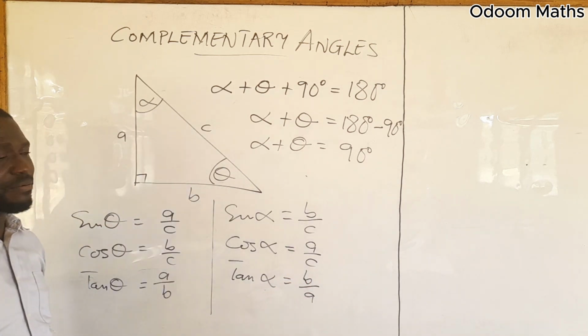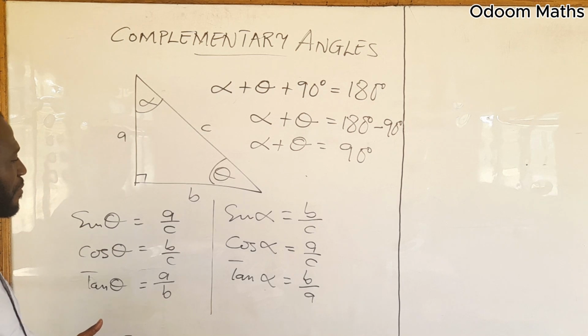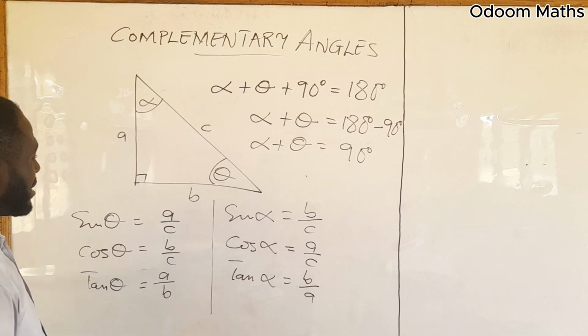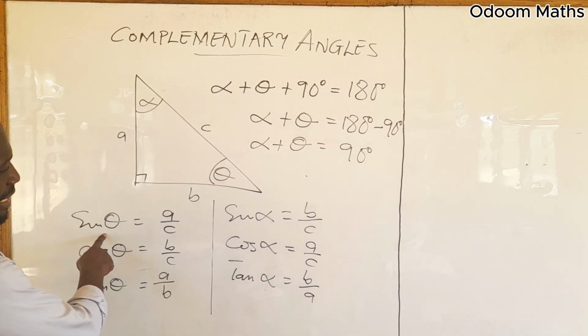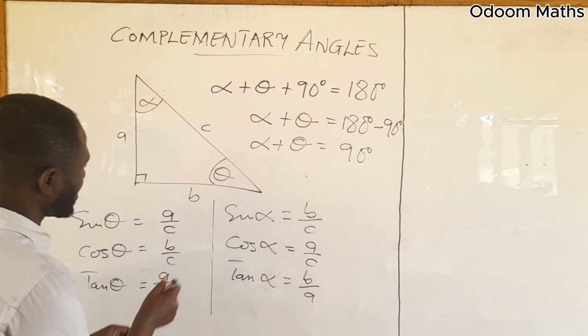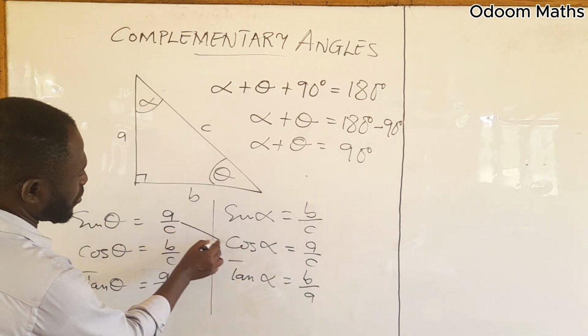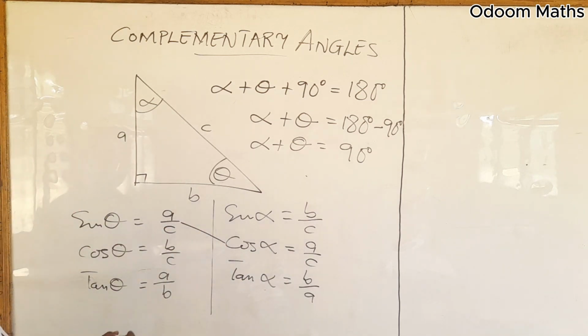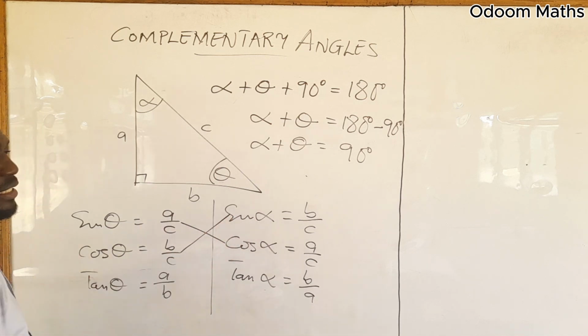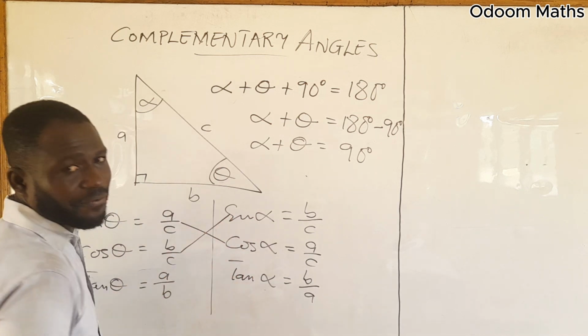Now let's look at some similarities, or the links between these two angles. Sin theta is A over C, and cos alpha is A over C, so it means that sin theta is equal to cos alpha, and sin alpha is also equal to cos theta. Let's put this aside for now.